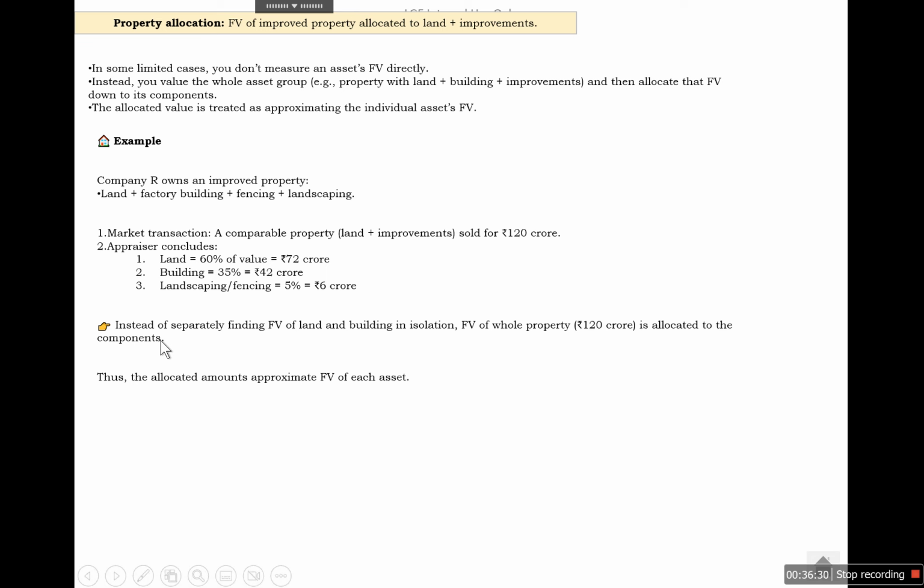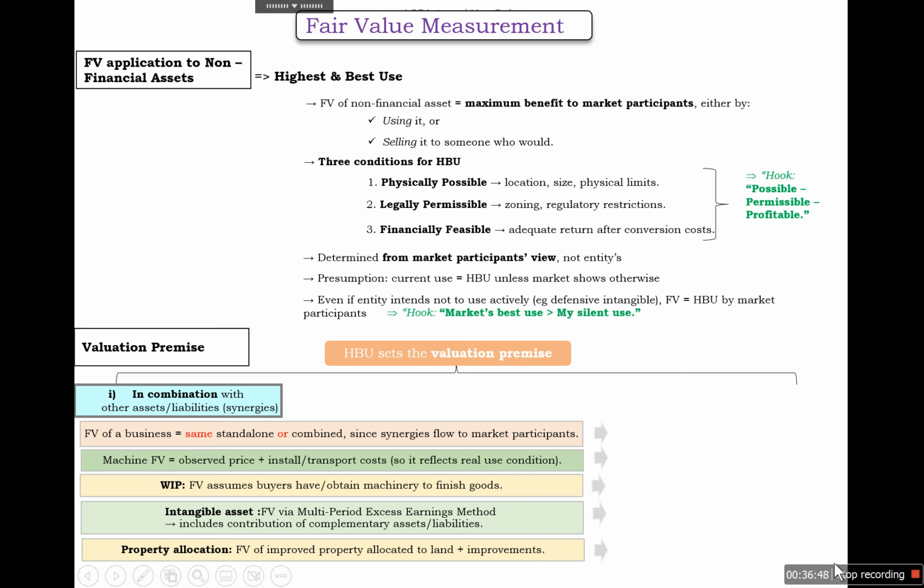The principle is that instead of finding the fair value of land and building separately in isolation, we find the fair value of the whole property and then allocate it. This is when we are doing the valuation in combination with other assets.